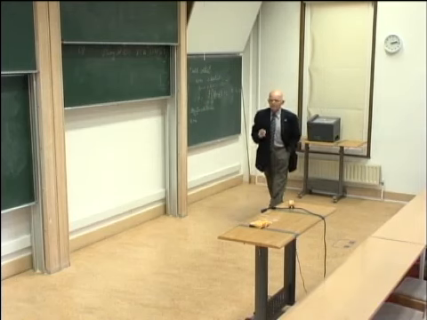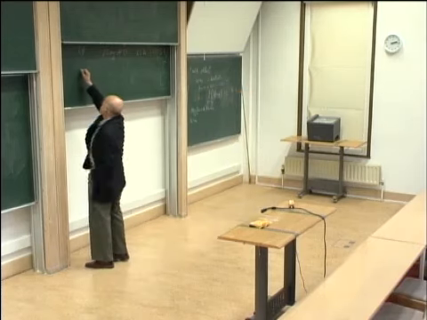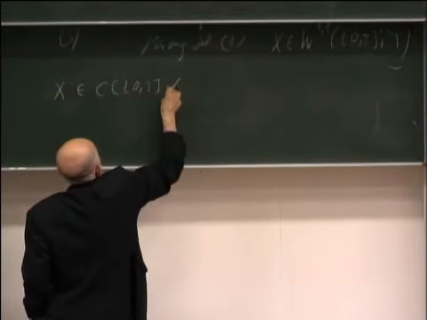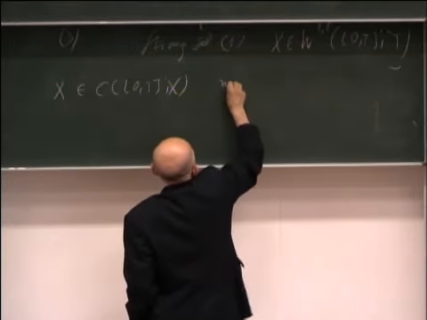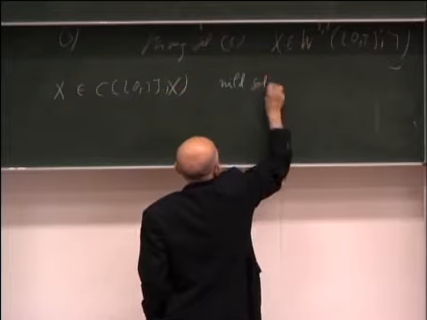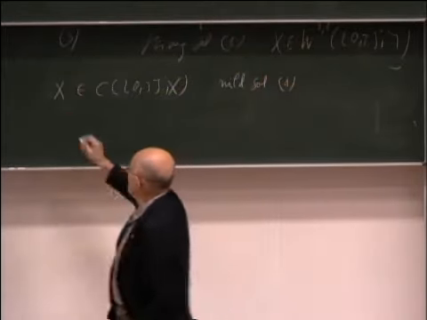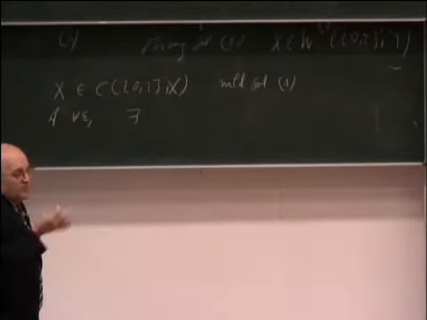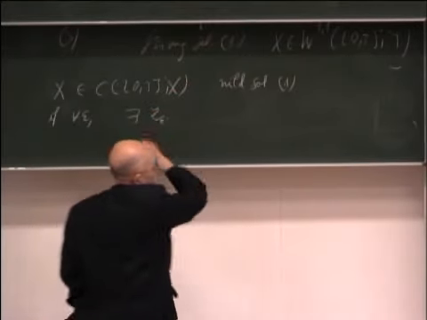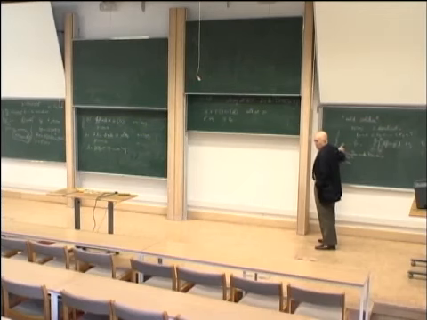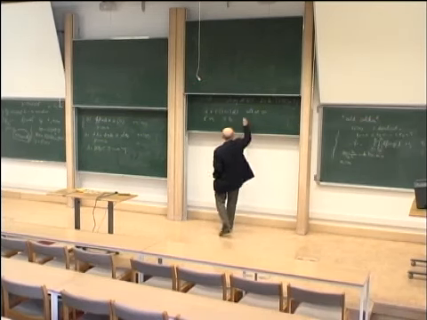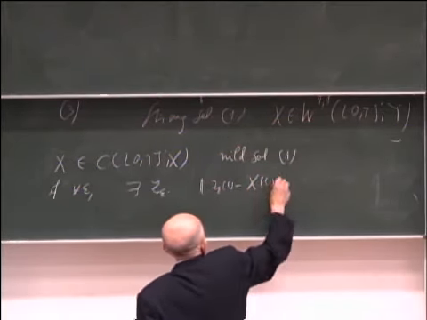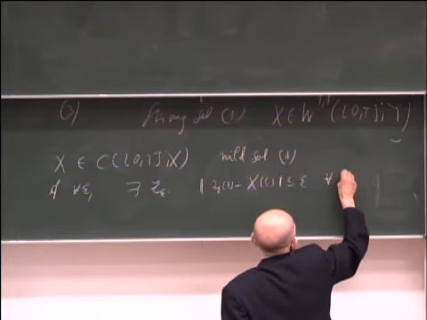a mild solution? We say that a function x, which is continuous on [0,T], is called a mild solution to equation 1 if for each epsilon there is a discretization, there is an approximating solution zeta epsilon defined like here, such that the norm of zeta epsilon minus x(t) is less than epsilon for all t in [0,T].